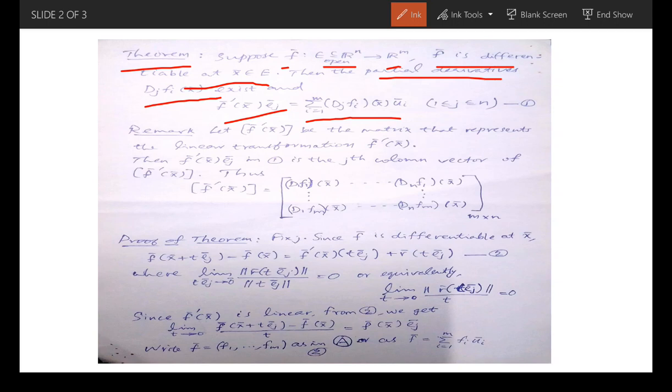So understand, ui are vectors, dj fi of x are actually scalars. So this is scalar multiplication. Therefore the sum on the right side is a linear combination.